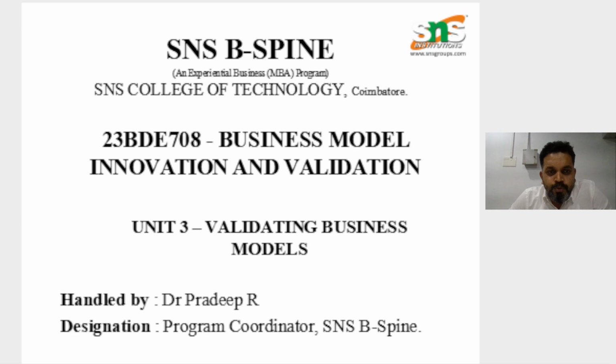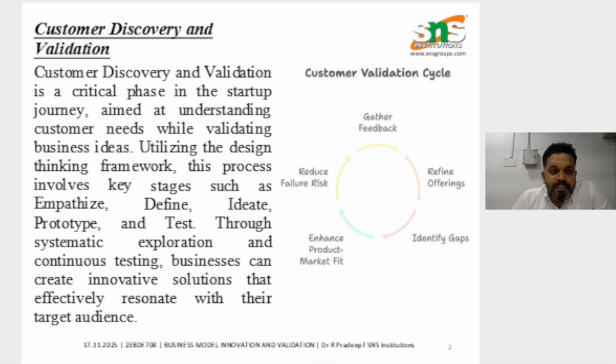In the past two series, we have been seeing how a business model is validated and how innovation is taken care of with the help of the DT methodology. Here in customer discovery and validation, there is a customer validation cycle.